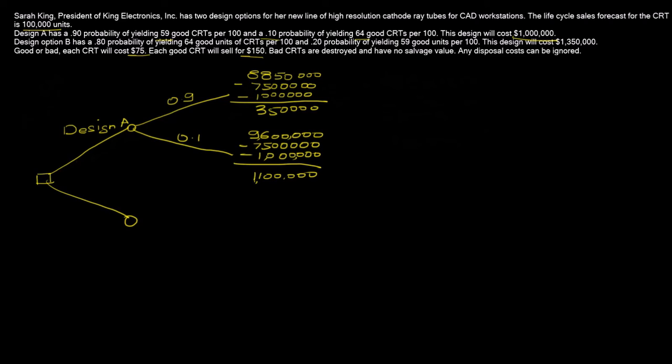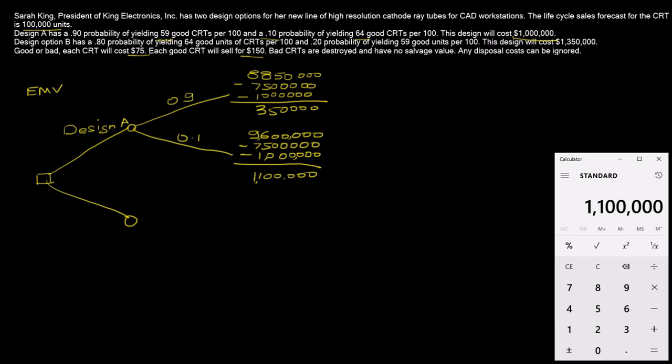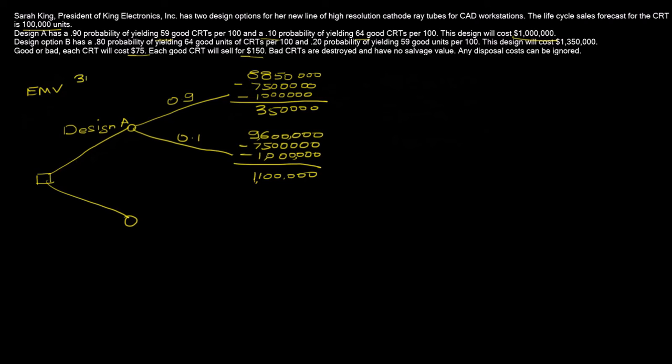So now to calculate the expected monetary value for design A, or EMV for design A, we have to multiply 350,000 with the probability of the outcome actually happening, which is 0.9. So 350,000 multiplied by 0.9 would give 315,000.